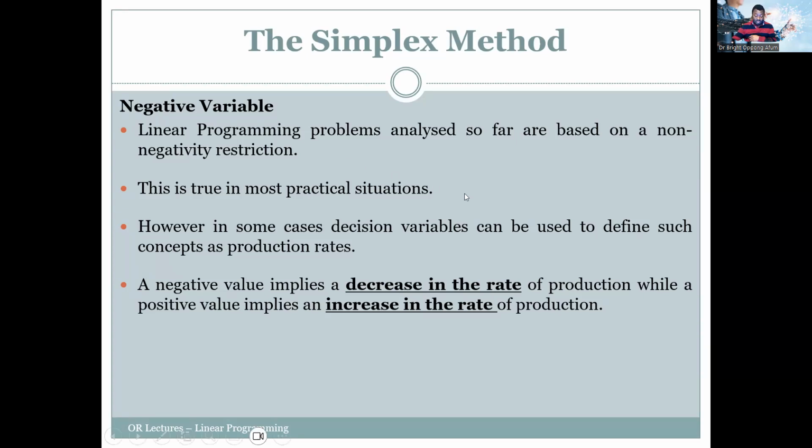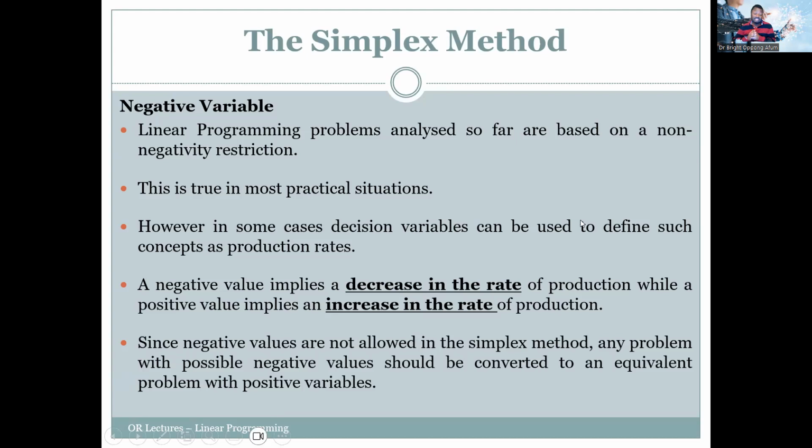And positive values to imply an increase in the rate of production in the system. Since negative values are not allowed in the simplex method, any problem with possible negative values should be converted to an equivalent problem with positive variables.